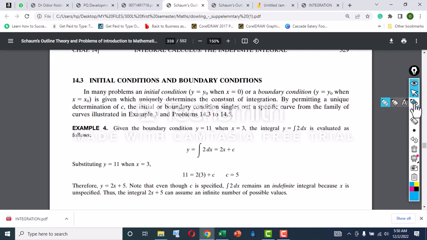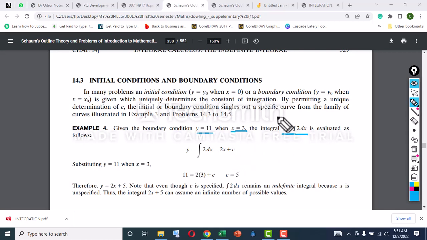So how do we know that? Now in the question, they will give you what to integrate. They will say, given that the boundary condition is y equals 11, x equals 3, you are now to integrate this. With this y equals 11, x equals 3, you'll be able to get your C.